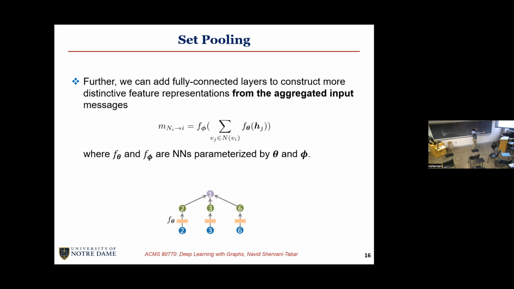One is f theta, one is f phi, where phi and theta simply denote the parameters corresponding to the different models that I have. Now, if I want to show that on this figure, I gathered this new information at node 1, then I passed it through some function f phi, and then I got my modified embeddings, my modified message at node 1.